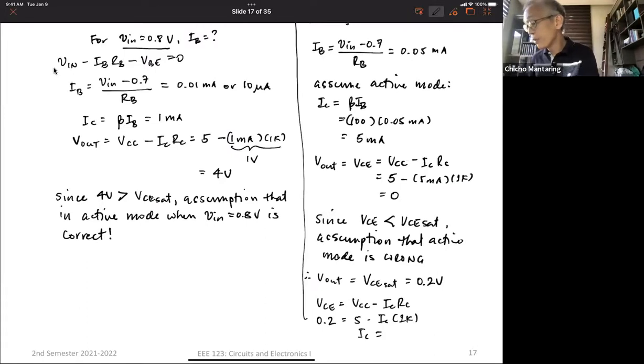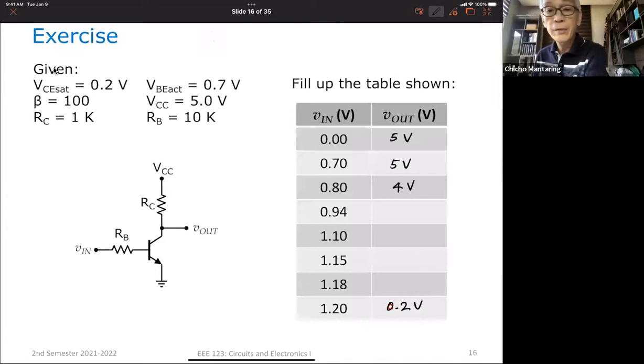Let me compute for it. That would be 4.8 mA. As a matter of fact, that's why I inserted this. This is the exact input voltage when VCE becomes equal to VCE SAT. So here, this is 0.2 volts.